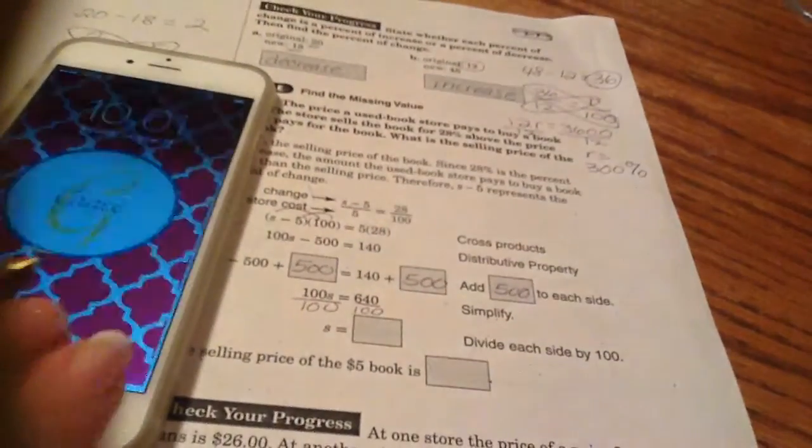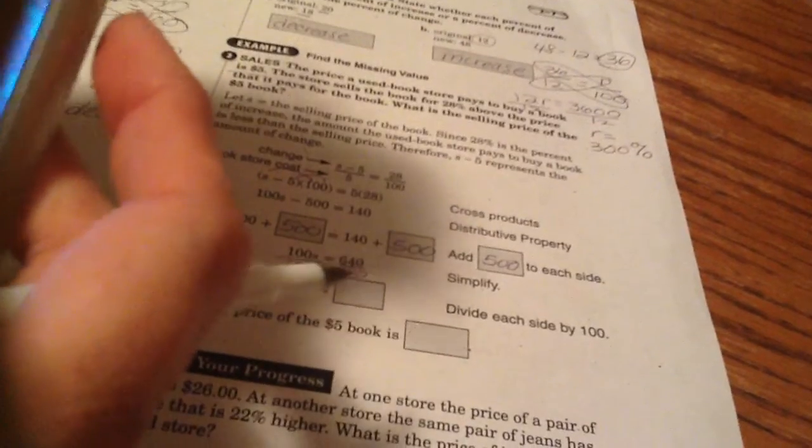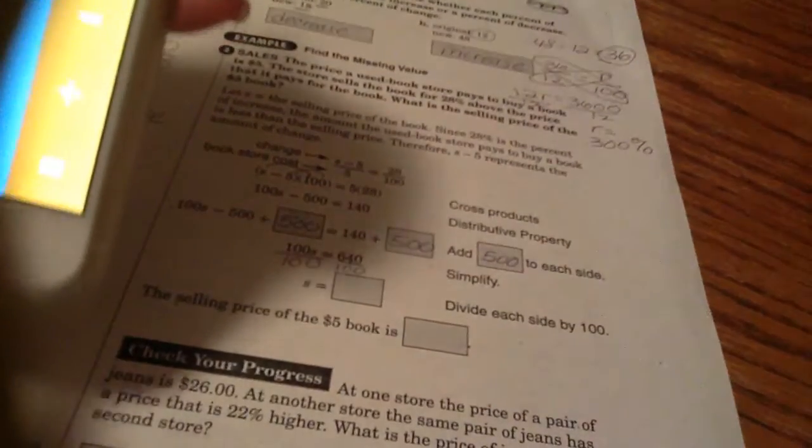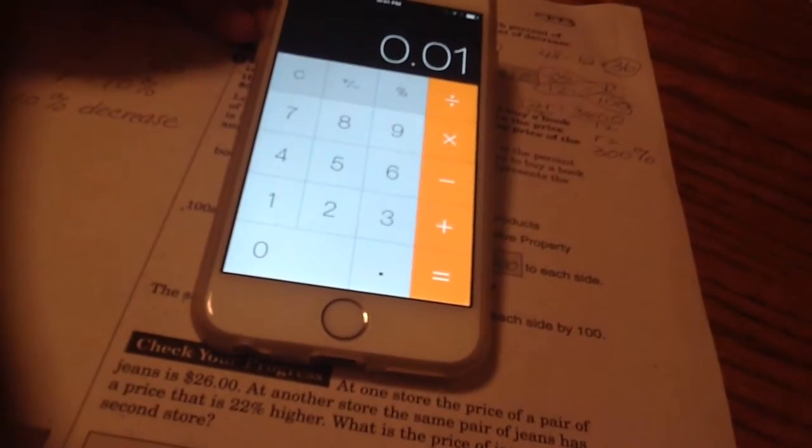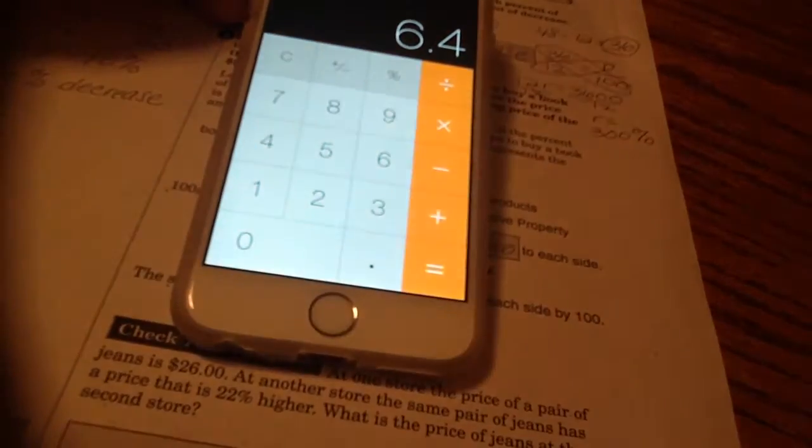So when we divide each side by 100, thumbprint, so 640 divided by 100, whoops, I want to show you that. Let me clear that out. 640 divided by 100, that's not correct. 640 divided by 100 is 6.4.